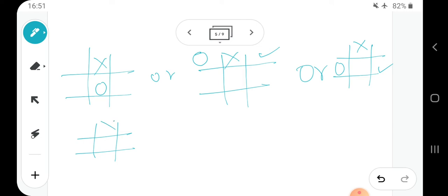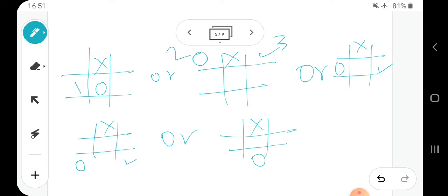Or if it covers here, that is similar to this. Or if it covers here, so that is a unique position. So let us check. So this is one option, this is second and third option, this is fourth and fifth option, this is sixth and seventh option, and this is eighth option.